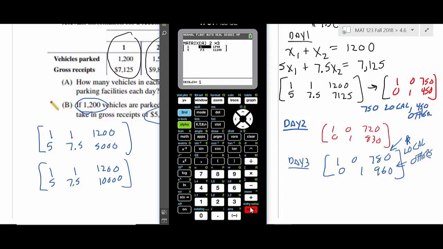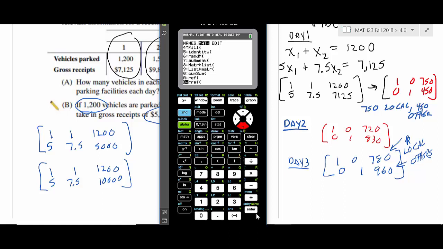So we're going to have 1, 1, 1,200. Okay, then the last one, 5, 7.5, and then we're going to see if it's possible to have a combination where we make $5,000 off of that. Okay, so you put that in your calculator, and you would do that in reduced row echelon form.